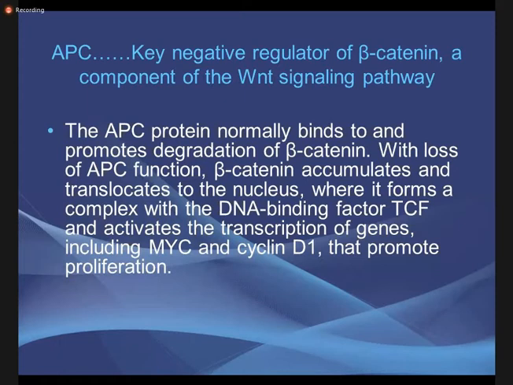So basically, the APC protein degrades beta catenin, which is responsible for the transcription of genes involved in cell proliferation. So when APC is mutated, there will be beta catenin accumulation and transcription of the genes which cause cell proliferation. So APC is a negative regulator of beta catenin, and this APC mutation is an early event in the carcinogenesis process of colon cancer.